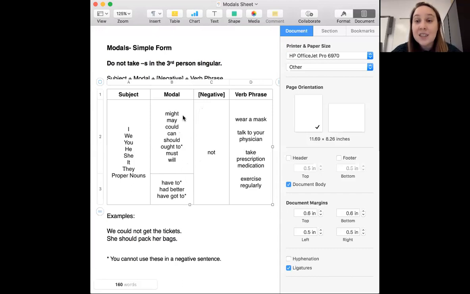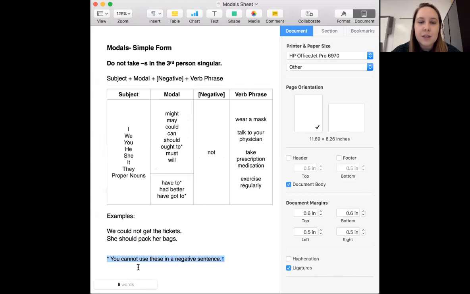We're going to look in a minute and see the difference between them as to how strong the advice is. But for now, let's just focus on the words themselves. Then to make them negative, you just add not. So might not, may not, could not. The only exception are the words here that have this asterisk. If we look down here at the bottom, any of those words, ought to, have to, or have got to, you cannot use them in a negative sentence.